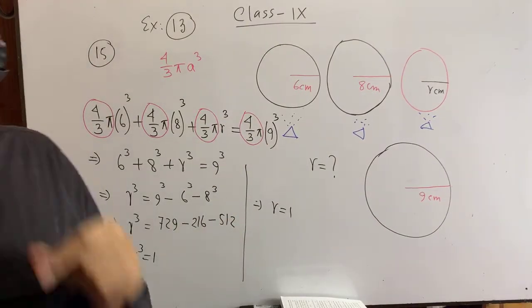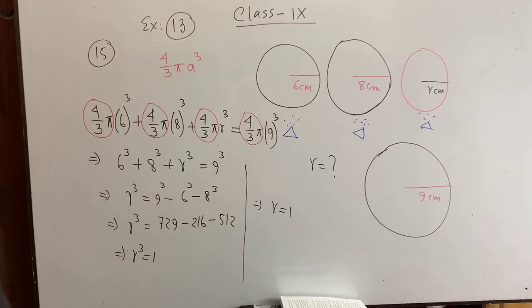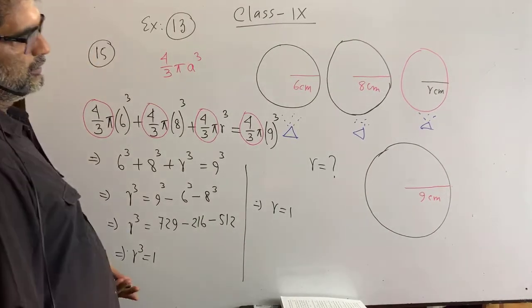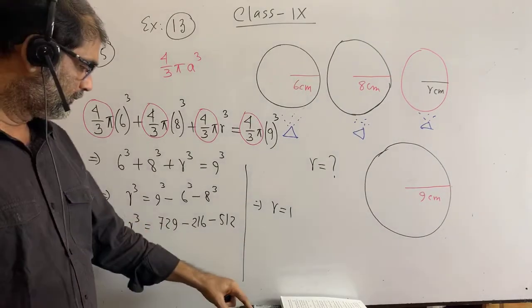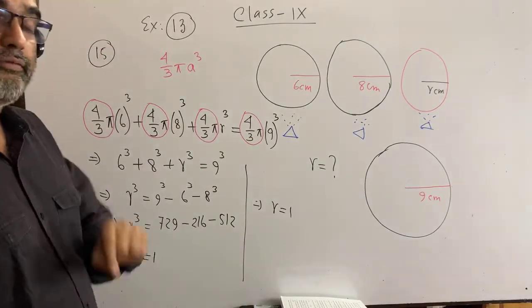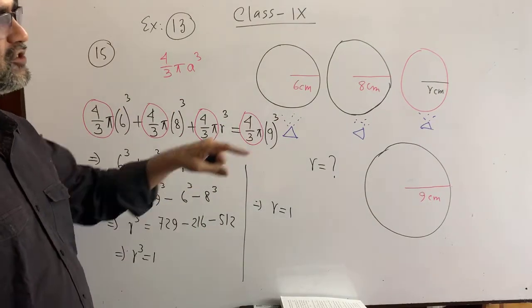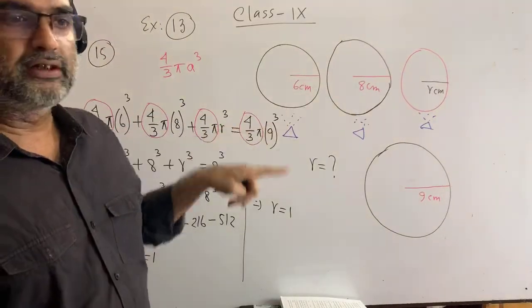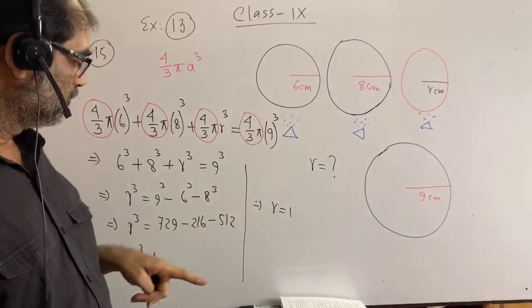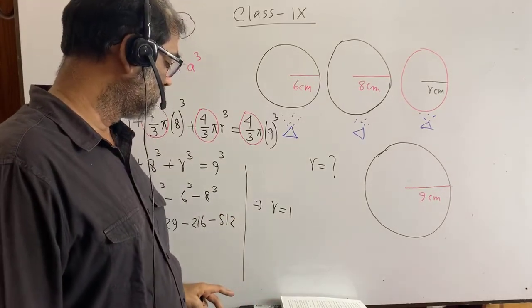I have seen too many students writing its answer is 1 centimeter. Actually not that. It is told in this question to find the value of r. It is not told to determine the radius of the third sphere, but it is told to find the value of r.